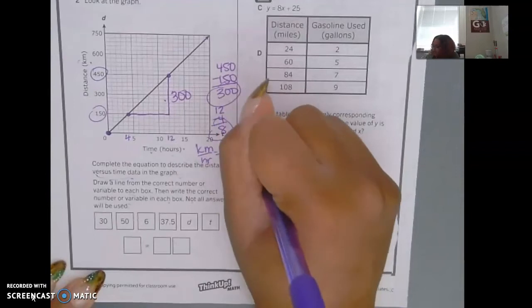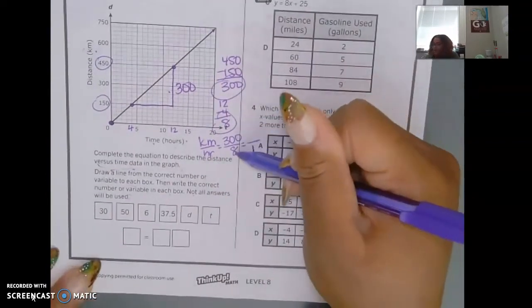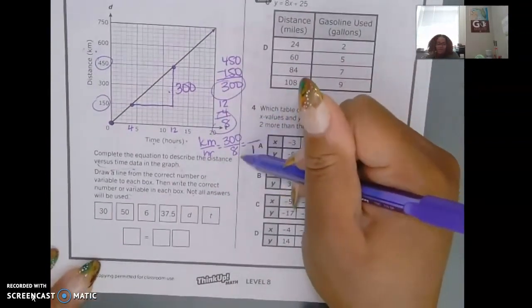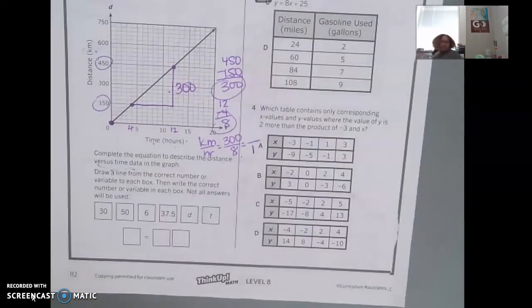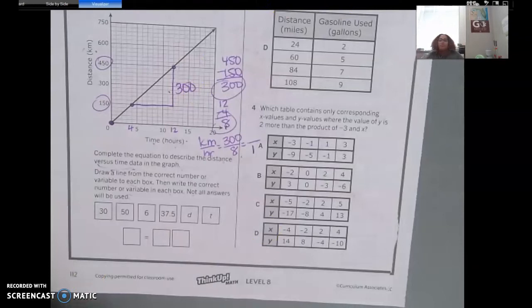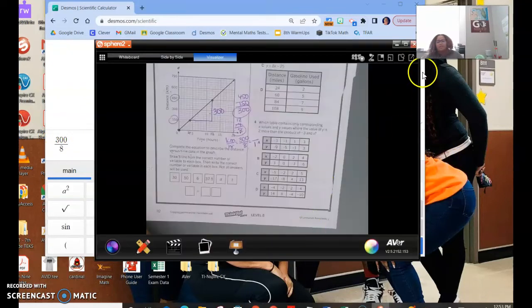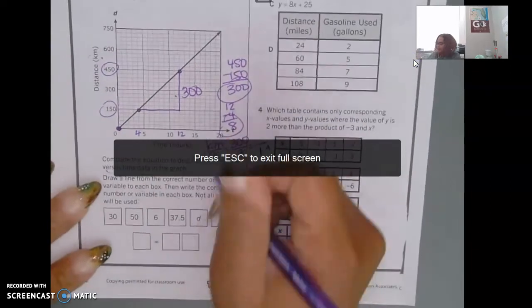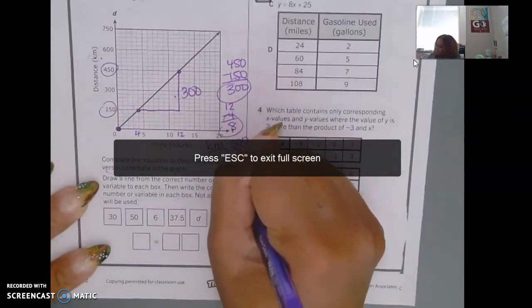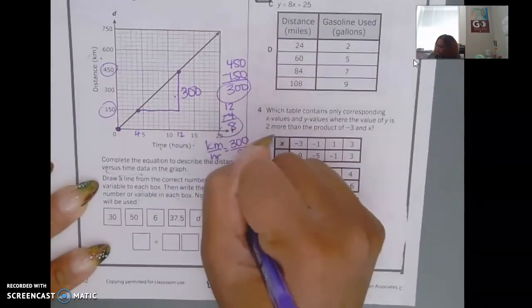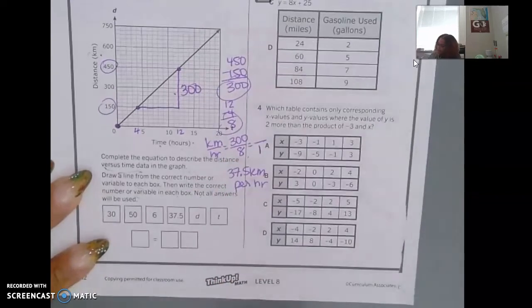And I need it for 1 hour. So in my calculator, I would divide 300 by 8. Let's go to Desmos. So according to Desmos, 300 divided by 8 is 37.5. So if I go back to my paper, that's 37.5 kilometers per hour.